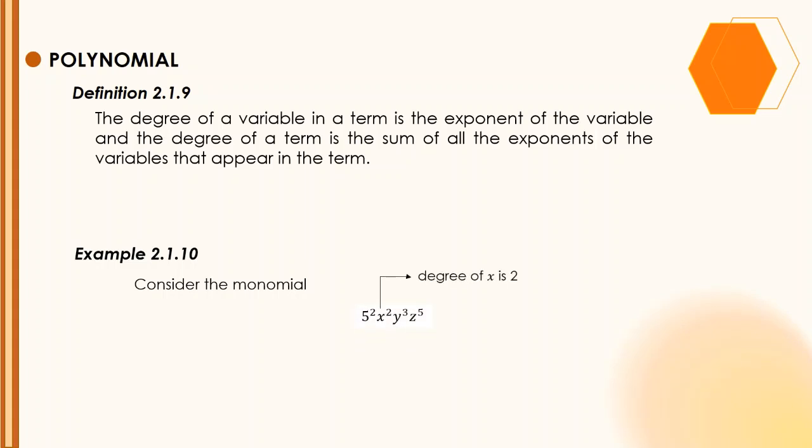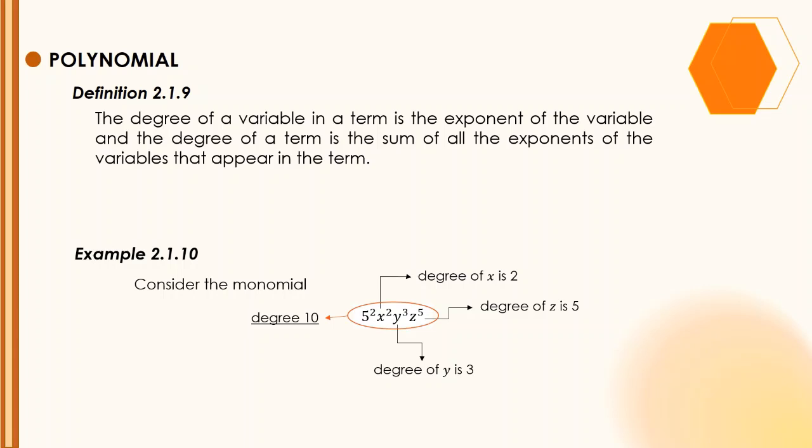We can see that the degree of x is 2, the degree of y is 3, the degree of z is 5. So, i-add natin silang lahat. We have 2 plus 3 plus 5 is equal to 10. So, dapat hindi kasali ang constant, yung variable only. So, it means that the degree of this monomial is equal to 10.